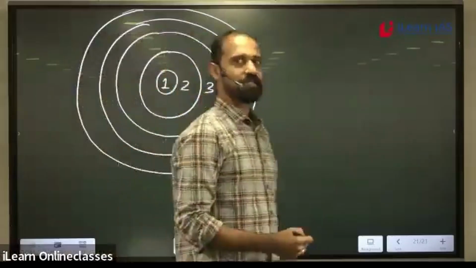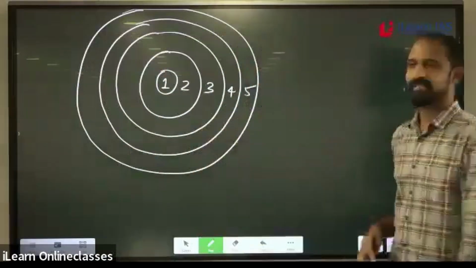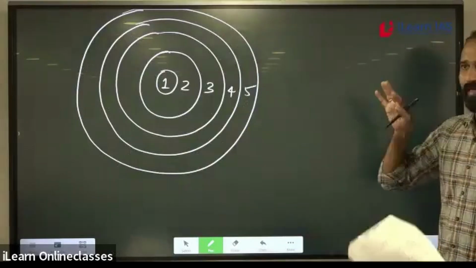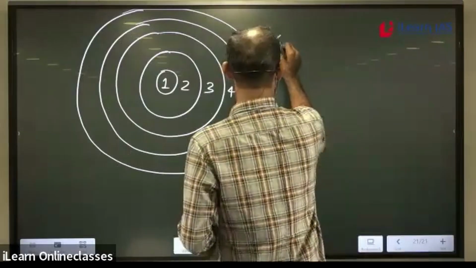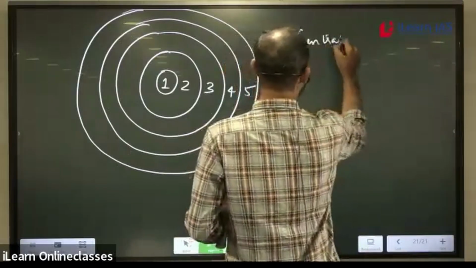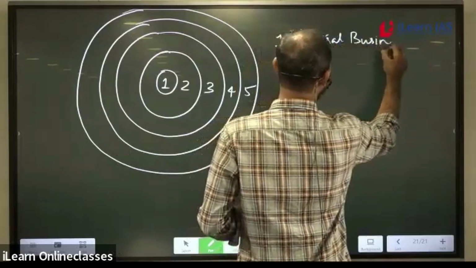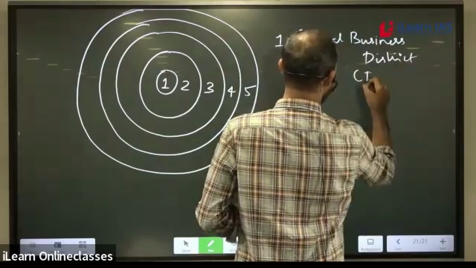The model says that the city's internal structure, the morphology, will be like this. Number 1 is the central business district, or CBD.